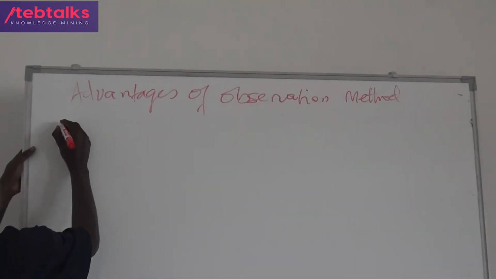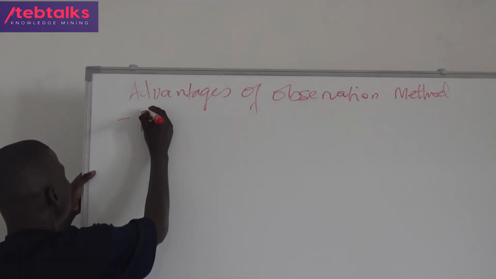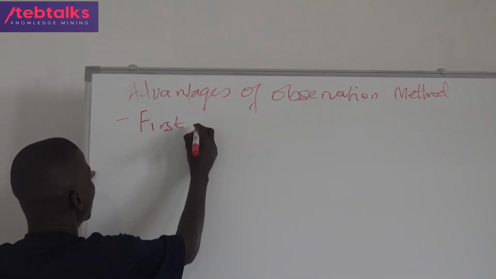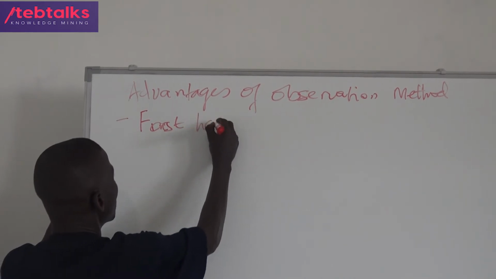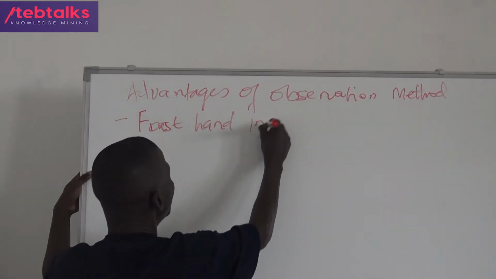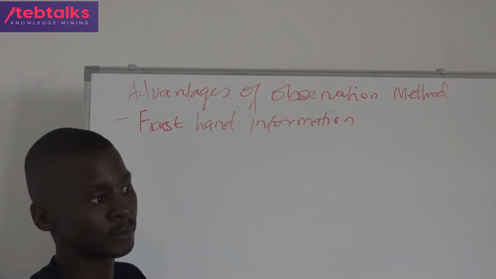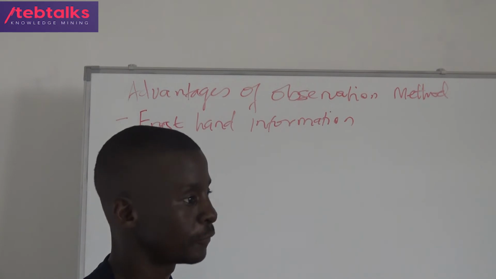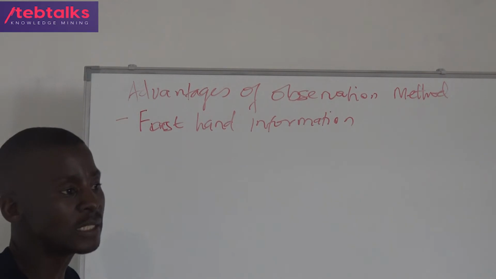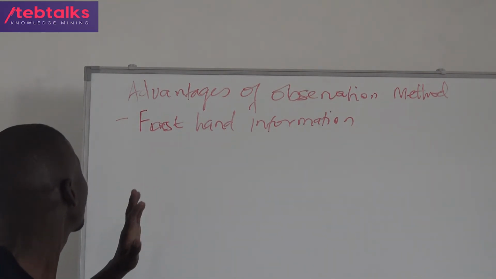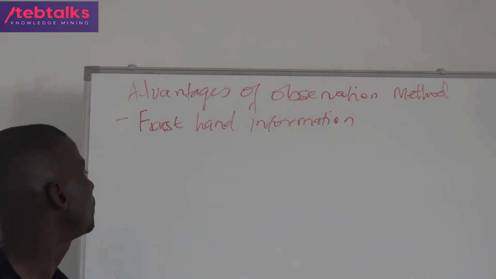The first advantage is first-hand information. It gives first-hand information. With observation, you are not told. You see by yourself. You judge. You see that this is maybe tilapia, this is Nile perch, this is mudfish, starfish.